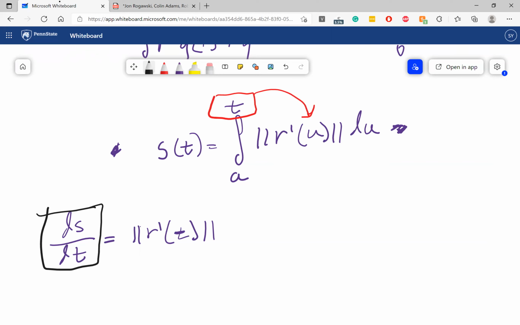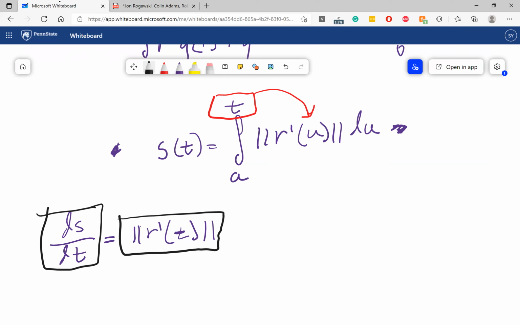You take a little change on your curve, and with respect to time, you move time a little, it moves you on the curve a little. The ratio of that is your velocity, which is why, again, another intuition for why the magnitude of your r prime of t is your velocity.